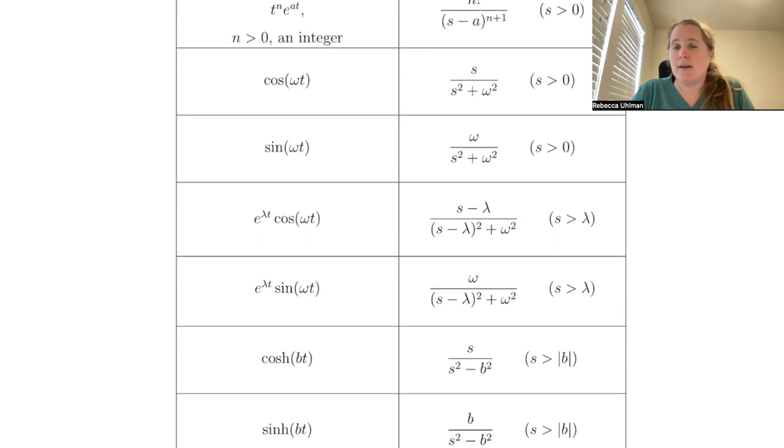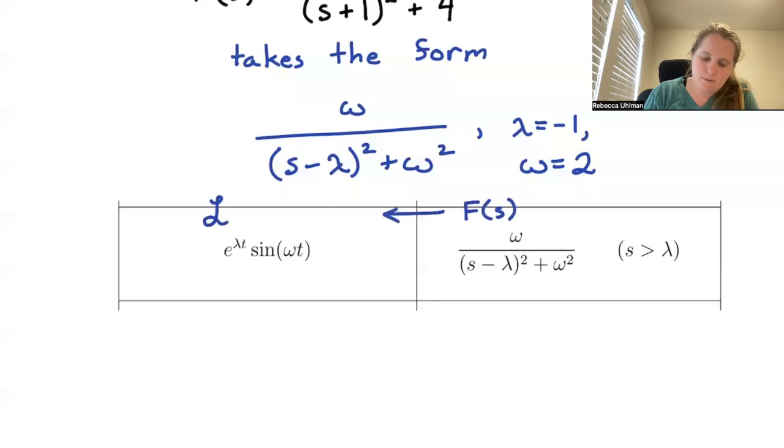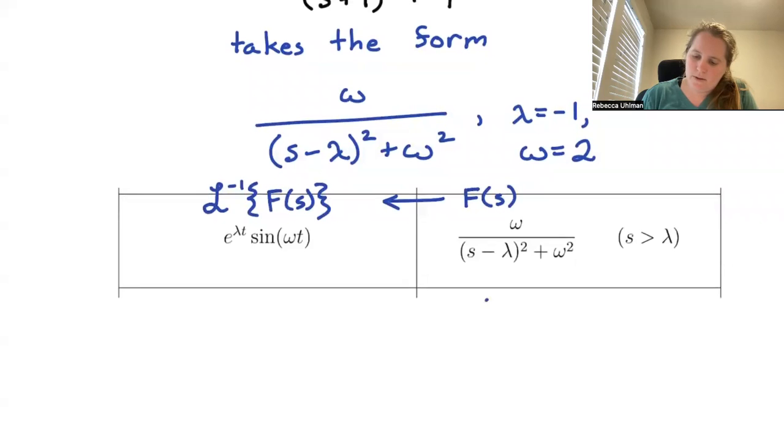So again, going back to our notes, we have our F of s on the right, and we're going to the left, which gives us the inverse Laplace transform of capital F of s. We had lambda equals -1 and omega equals 2.